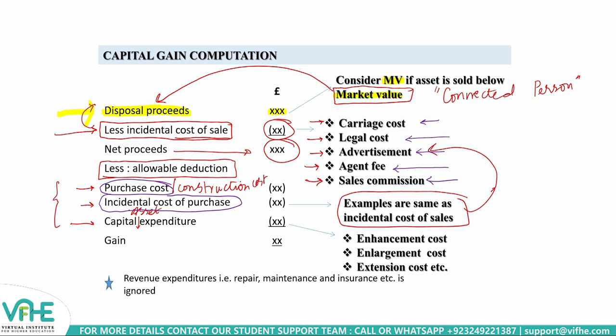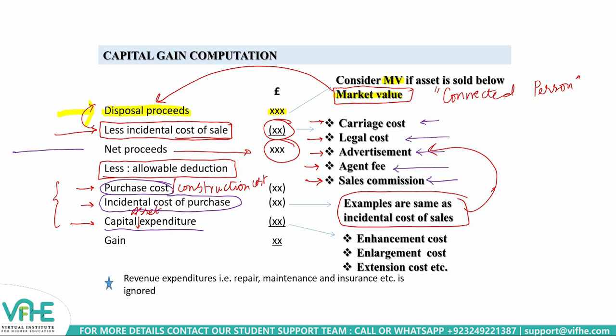And similarly, if after purchasing the asset you have to improve or enhance the value of the asset, and for that purpose you incurred capital expenditure, that is also going to be considered as relevant expenses for the sake of computing your gain.